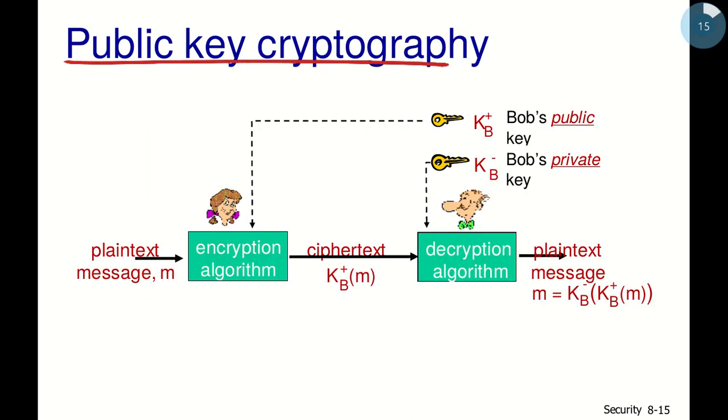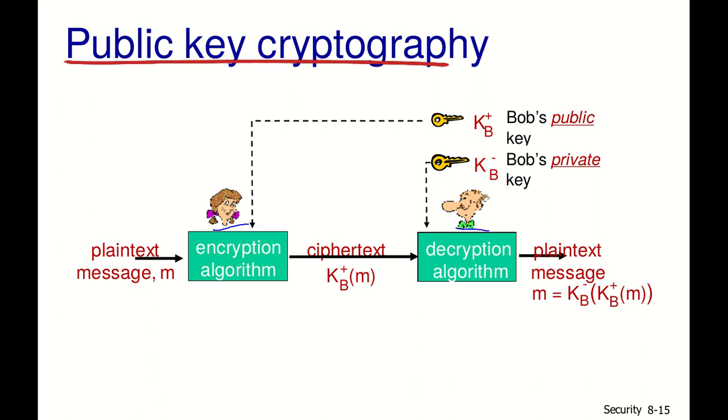This is an example of how public key cryptography is used in encrypting a message. Let's say Alice wants to send a message to Bob. She doesn't have to agree on a key with Bob as in symmetric key cryptography. She can simply get Bob's public key because it is known by anybody else.